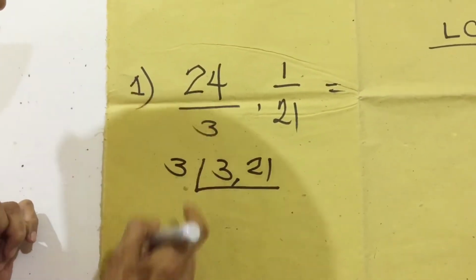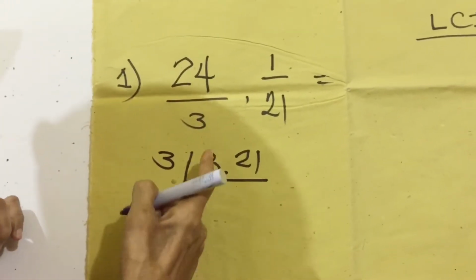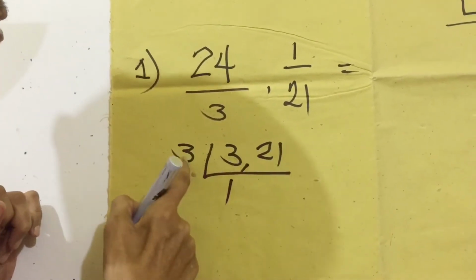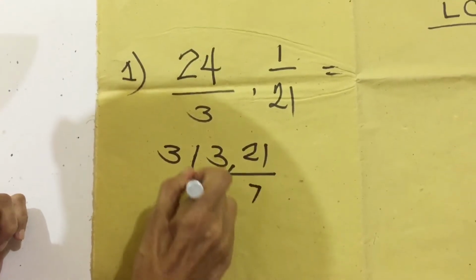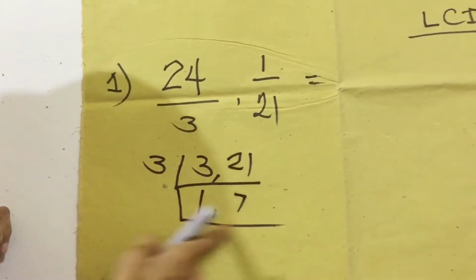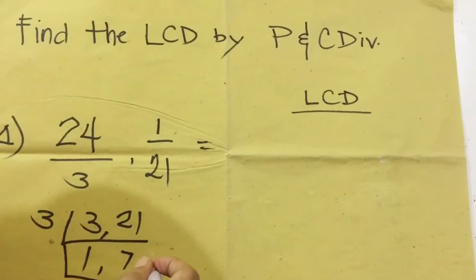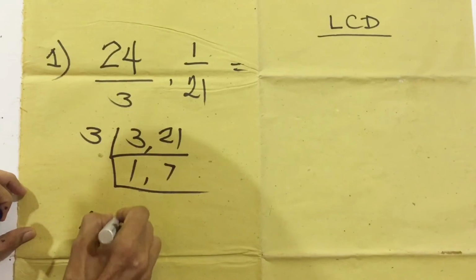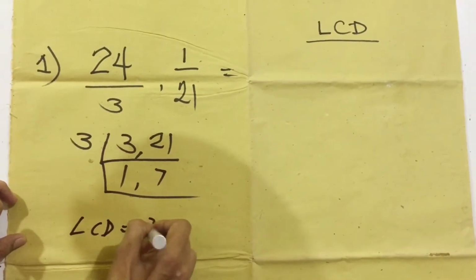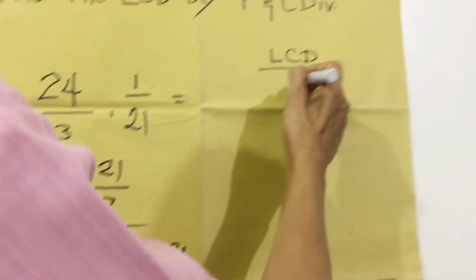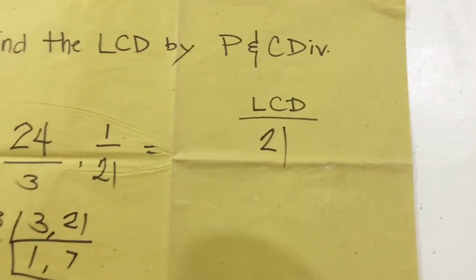Lalagay natin dito. Then, i-divide. Dito muna. 3 divided by 3 equals 1. 21 divided by 3 equals 7. Now, prime, prime, prime. So, lahat na prime. So, i-multiply natin ngayon. The LCD is equals to 3 times 7. Equals 21. Our LCD now is 21.